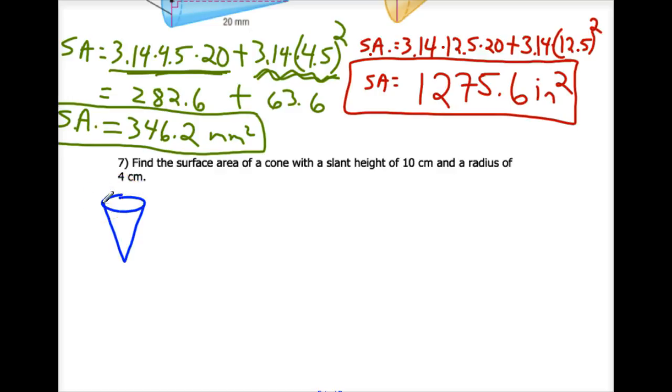These are easy to draw. And remember, for the surface area of a cone, we need the radius and we need the slant height. The radius is 4 and the slant height is 10. Smart to draw a picture. You use the formula. Let's find the total surface area.